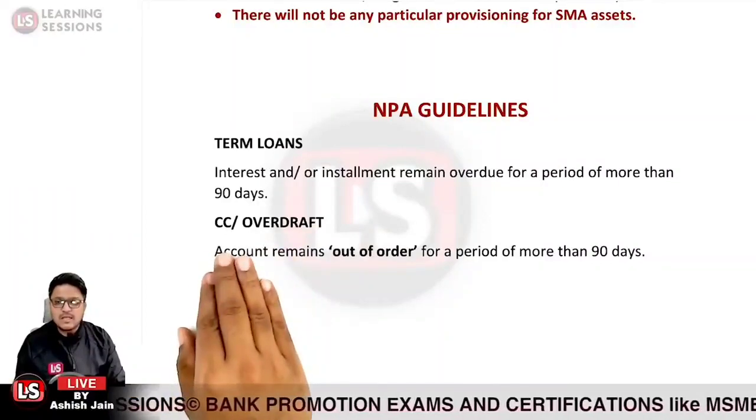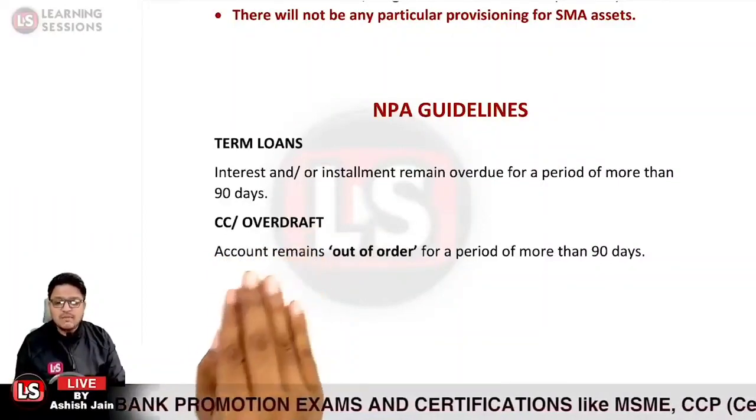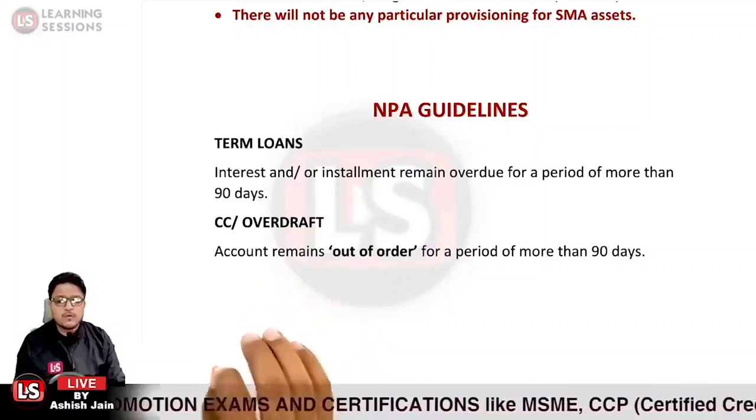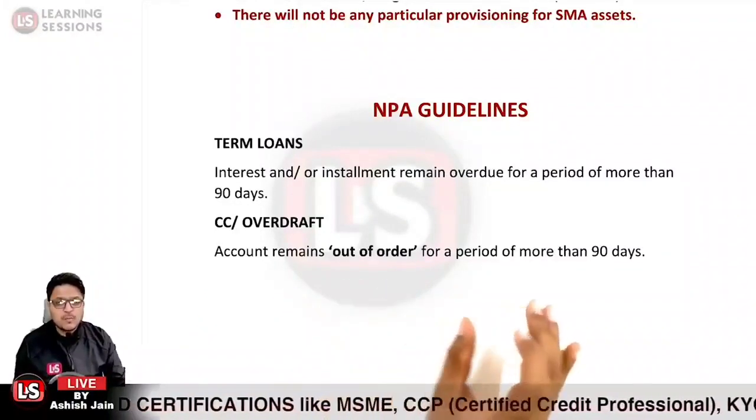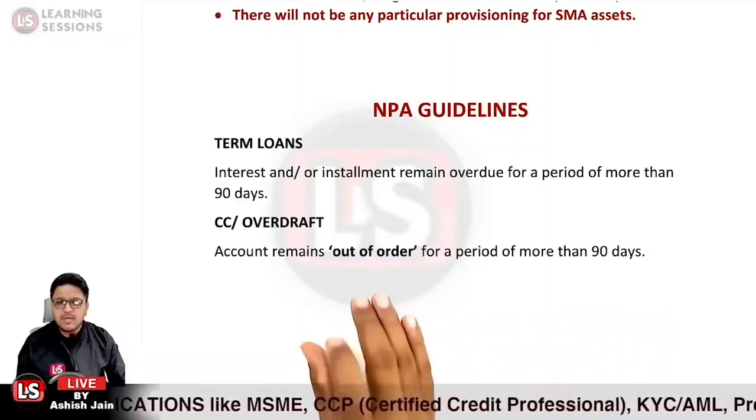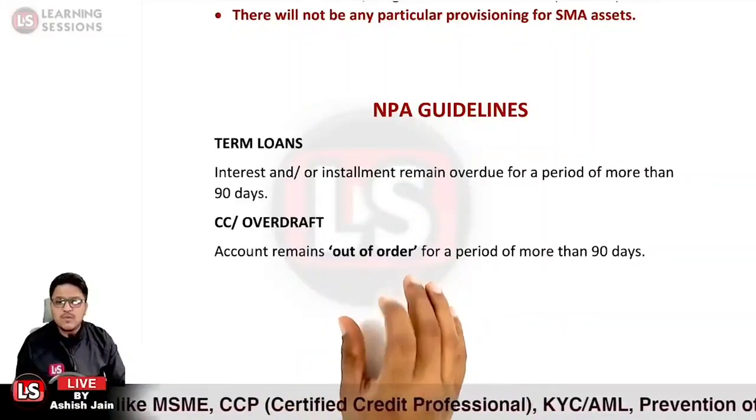In the case of CC, that is cash credit or overdraft, if the account remains out of order for a period of more than 90 days, it will be classified under the non-performing asset category.